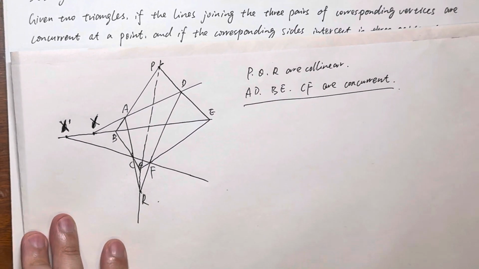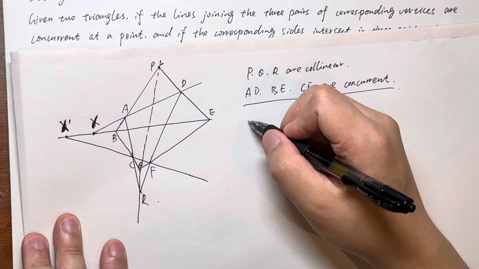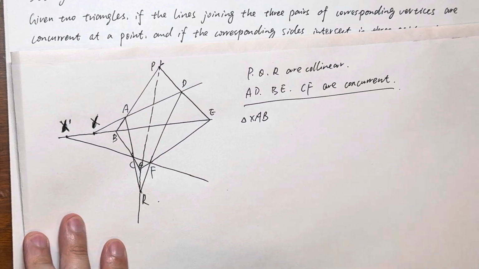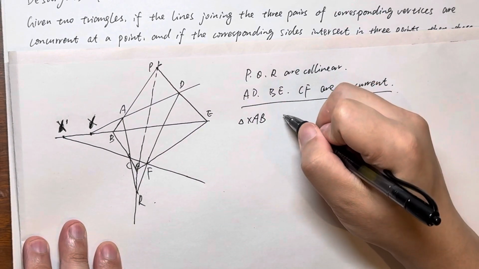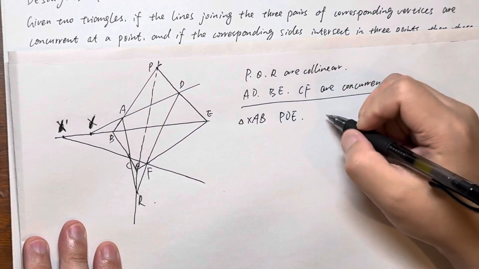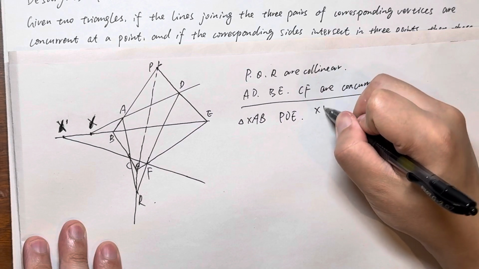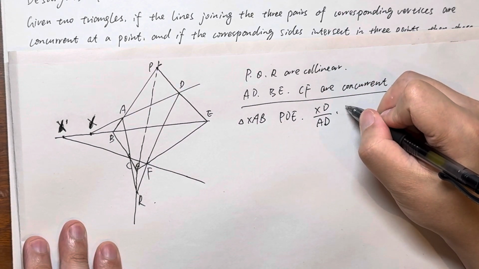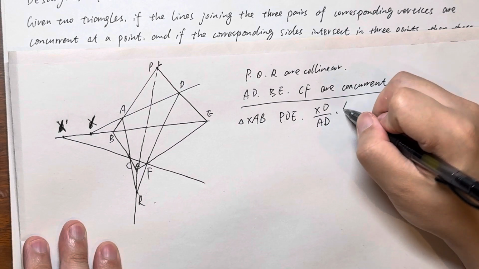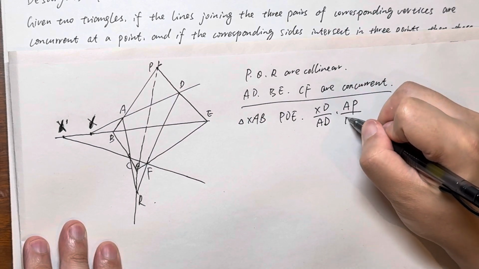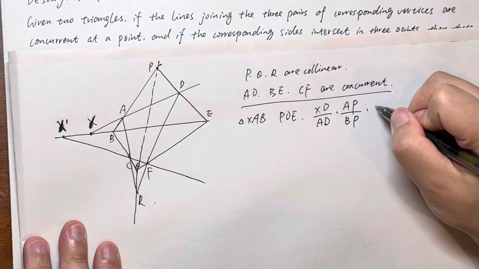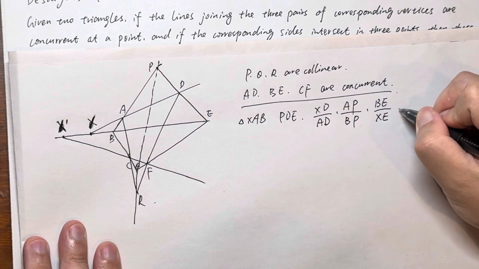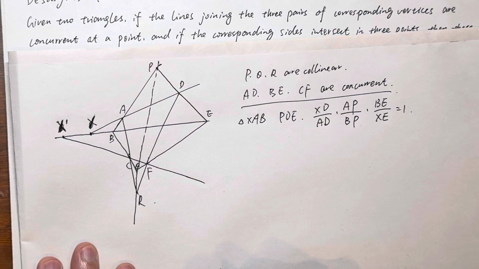Right? So we can still use the Menelaus theorem, which for the triangle XAB and the line PDE, we have XD to AD times AP to BP times BE to XE equals 1, right?